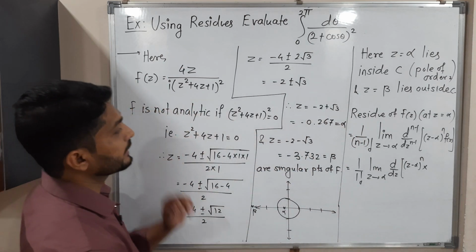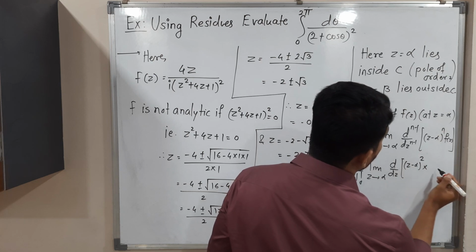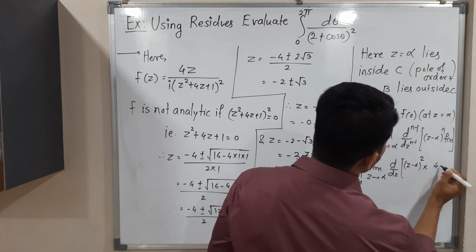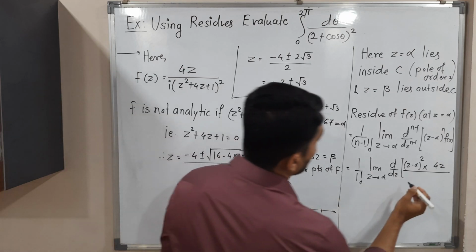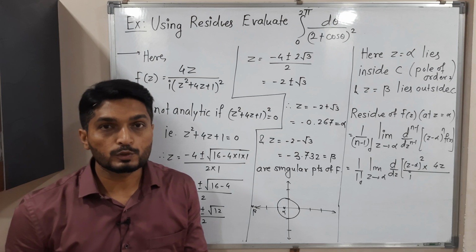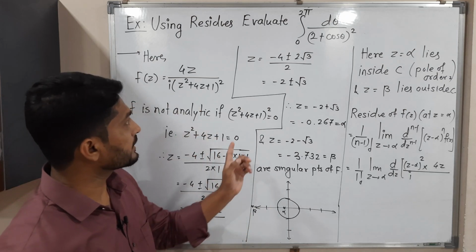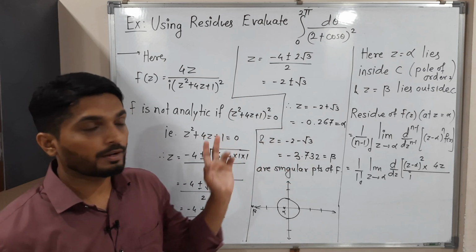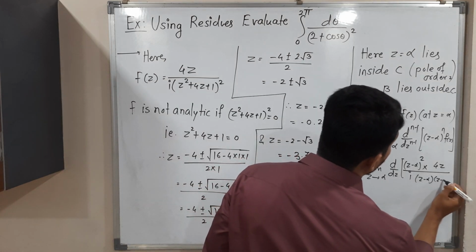This is our f of z. What we have? n means 2, no? z minus alpha whole square, f of z is 4z upon i, z square plus 4z plus 1 whole square. But see, we have already found out its factors. Roots are alpha and beta. So the factors will be z minus alpha, z minus beta.